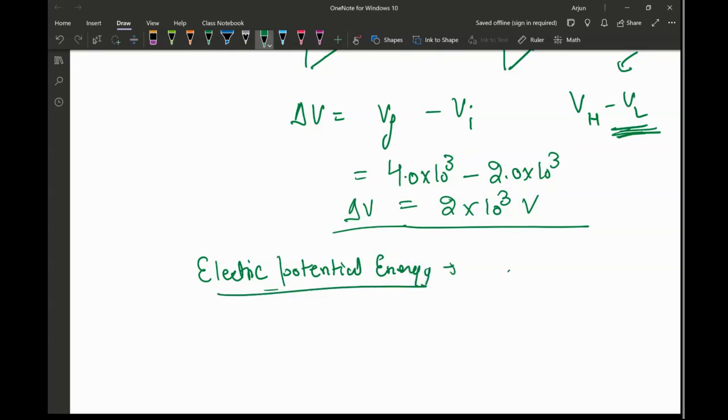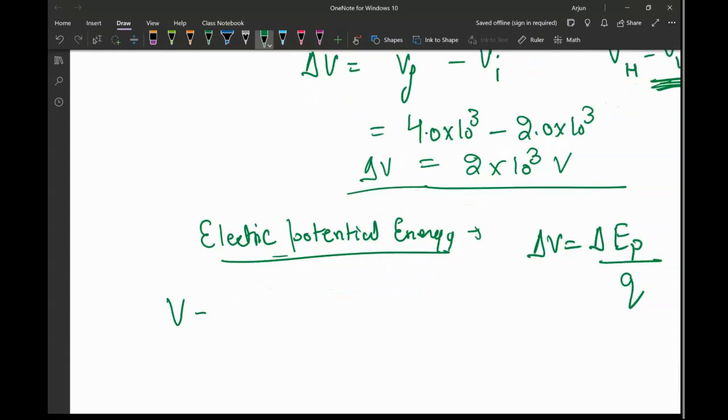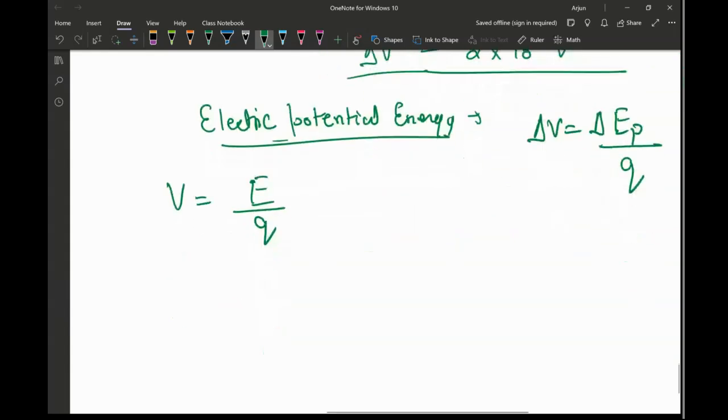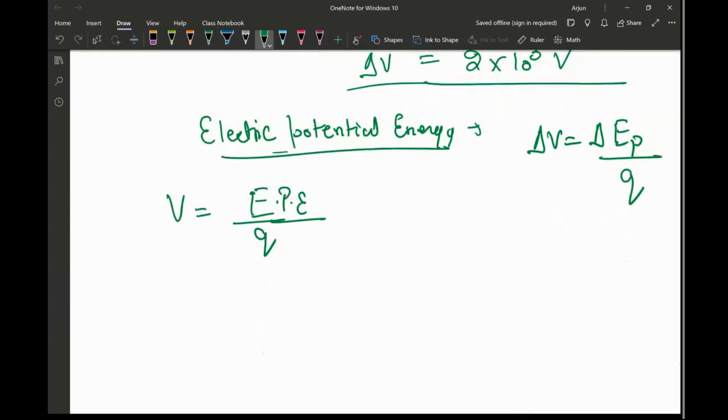Delta V equals delta EP divided by Q. Do you remember the formula V equals E divided by Q that I used? It means EPE divided by Q. So if I place a delta here, I place a delta there. A change in energy gives you a change in potential, divided by the total charge. So delta V equals delta E divided by Q.